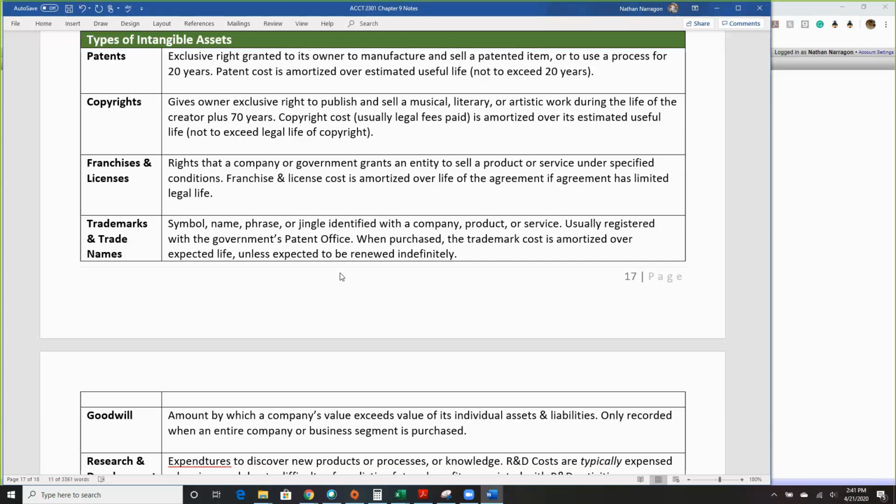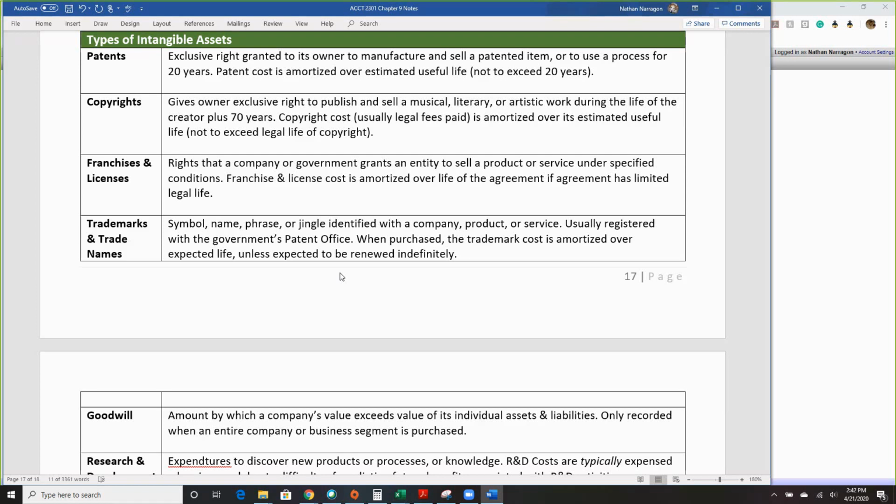Copyrights are basically exclusive rights to publish and sell certain items, basically items outside the public domain. So musical, literary, artistic work all falls under here. Their time frame right now is the life of the creator, and once the creator dies, we add 70 years.